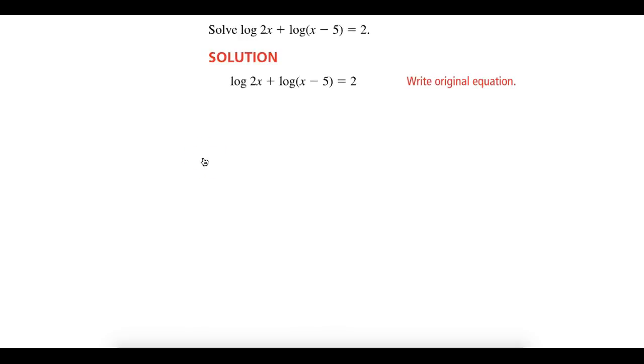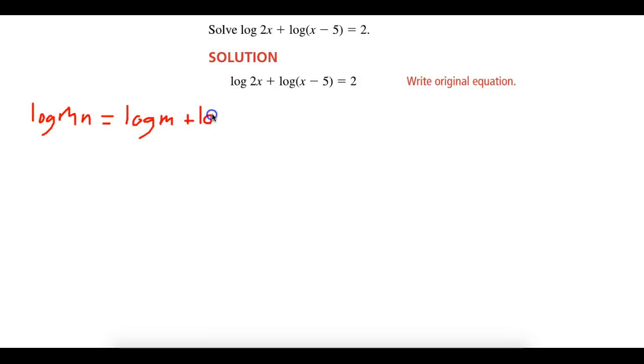If you remember, our product property said that the log of a product, so let's say the log of m times n, is equal to the sum of the log of m and the log of n.